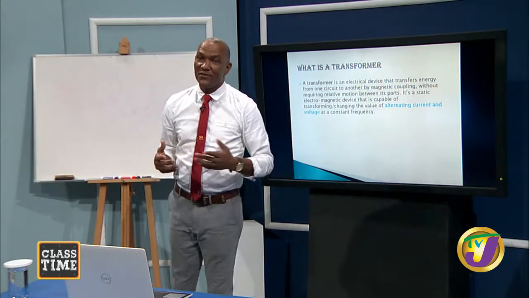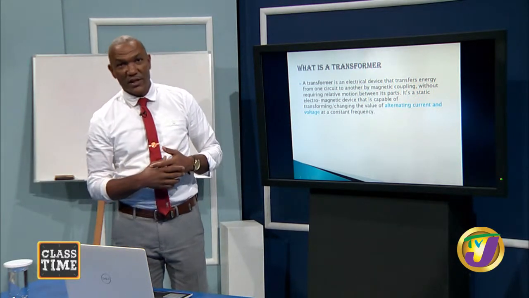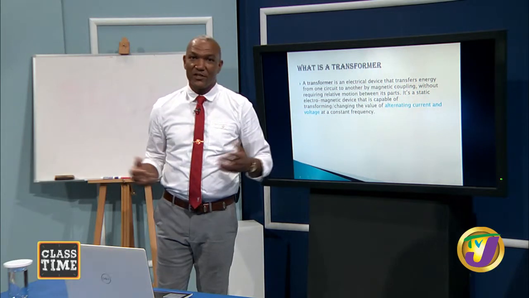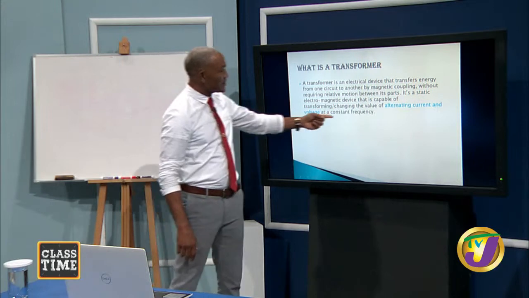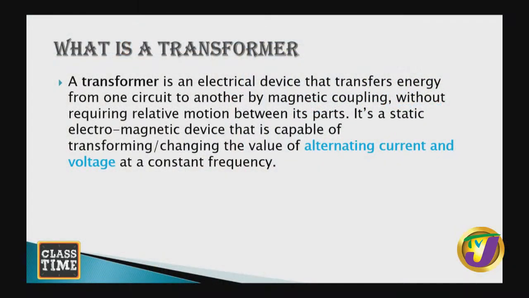So do not leave out the current part of it. Don't say a transformer is a device that changes the value of voltage, full stop. And remember, it says at a constant frequency. What does that mean? It means that whatever frequency the transformer is connected to, that's the same frequency you will be getting out.